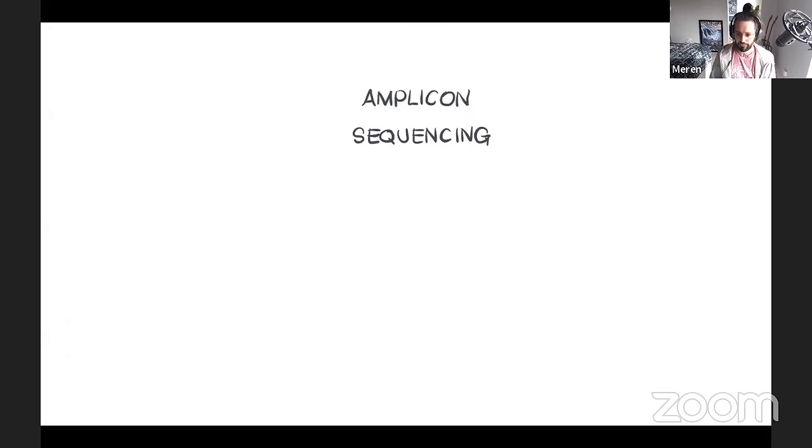With amplicon sequencing, probably a lot of you are familiar with this concept if you have been dealing with microbiome data or if you have been reading microbiome stories. The way amplicon sequencing goes in a very crude fashion is like this. You have an environment with a bunch of bacterial genomes, let's say, and you use universal primers that identify a short fragment in a given genome by landing on universally conserved sites on the 16S ribosomal RNA gene.